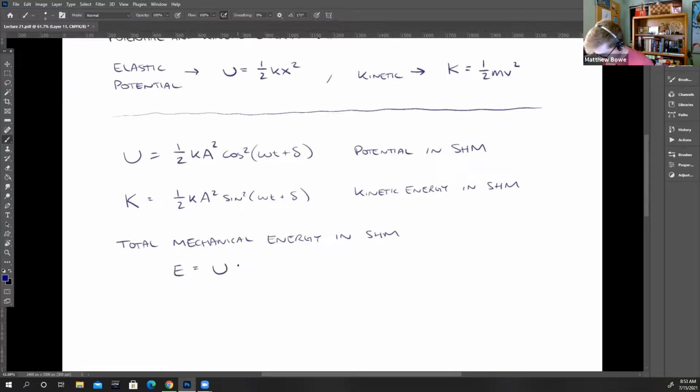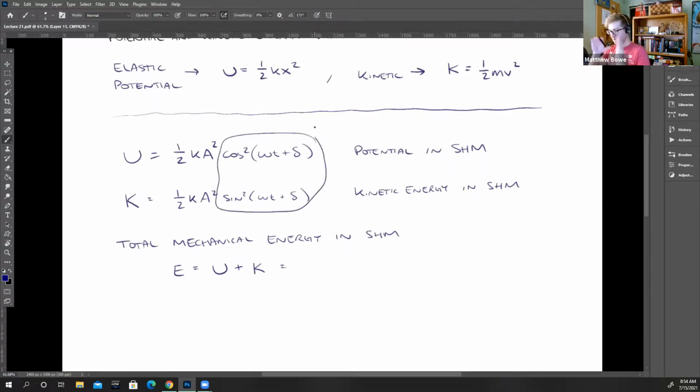So that's just U plus K. In this case, if I add these two together, it's going to be cosine squared plus sine squared.